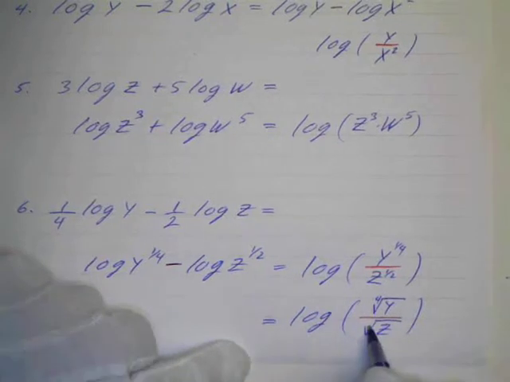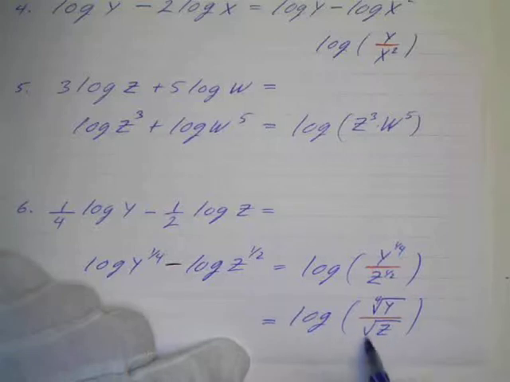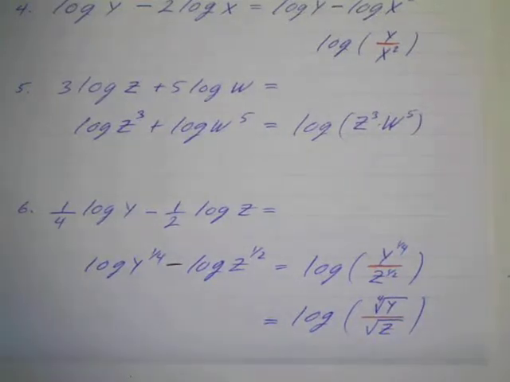Now, the square root is the second root, but we don't usually put a 2 there because if we just see that, we understand that to be the square root. So you might see it like that. Okay. So there's 6 problems, so take a look at those. And if you had trouble, try them again. Make sure you understand all the steps and the order in which we do those operations. Hope that helps.